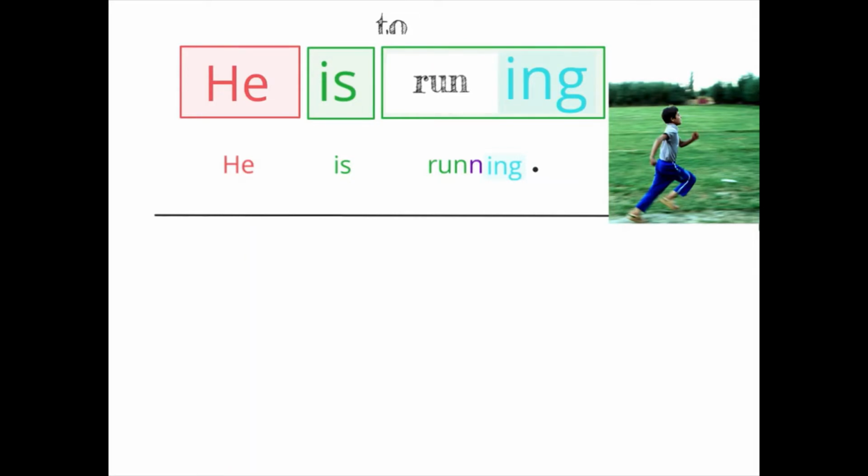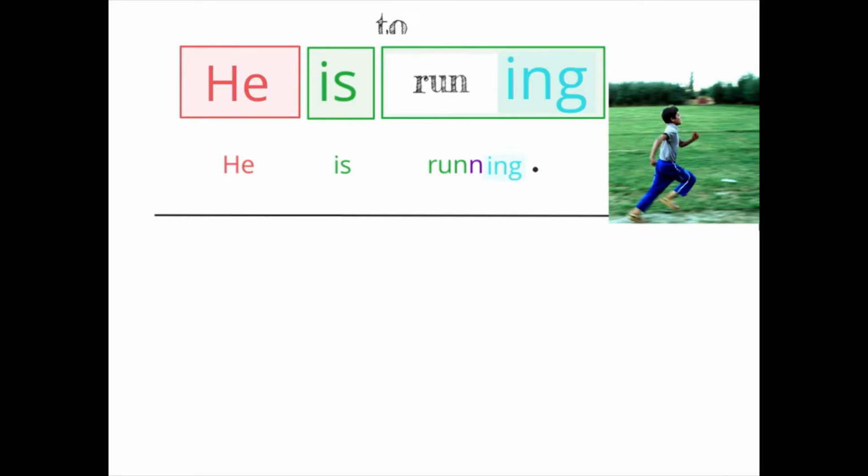With this verb, run, there is a spelling rule that we're not going to talk about today, but you can see that I added an extra N to the word run before I added ing. And then our sentence says, he is running.